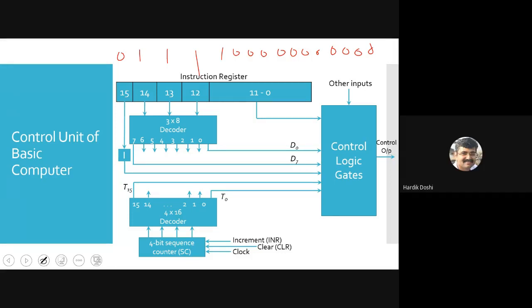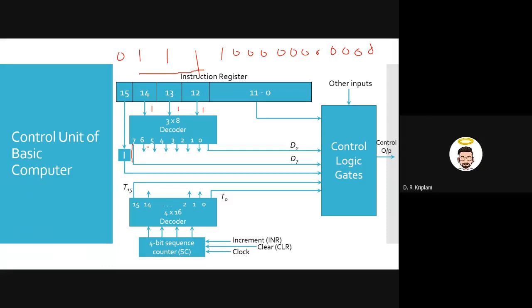So what will be the output of the decoder? Here also it will be 1, here also 1, and here also 1. So the 7th line. So in register reference too, the output came from D7, right?